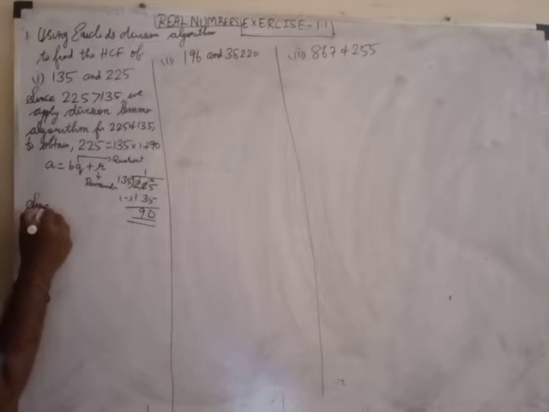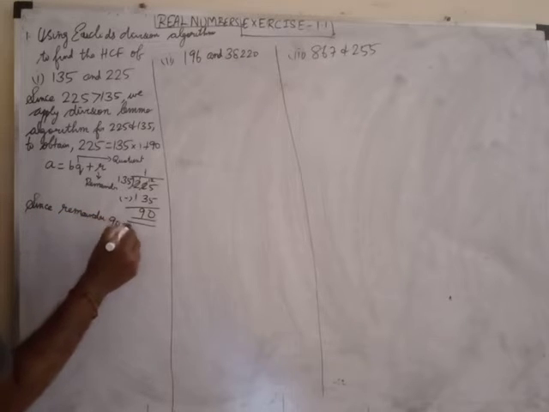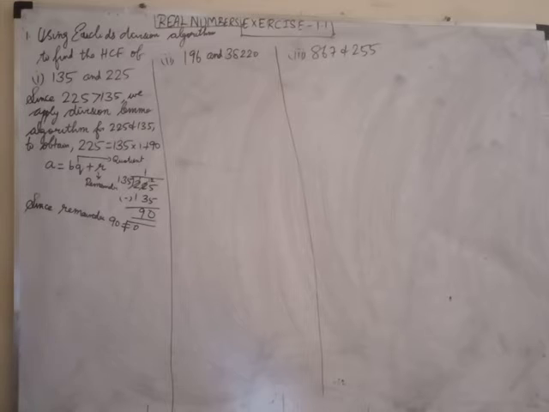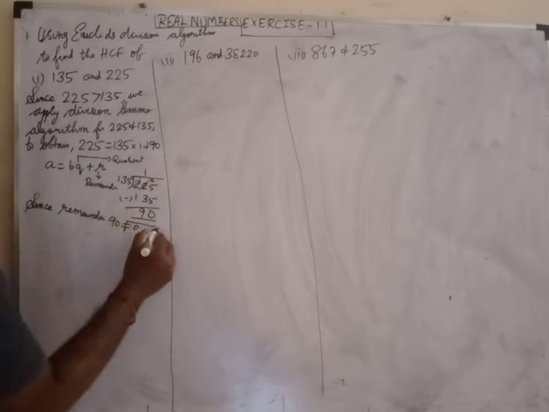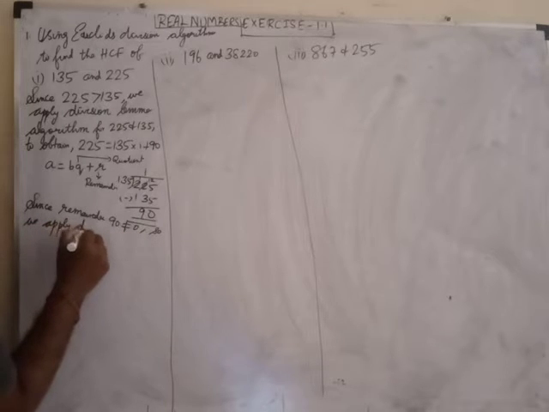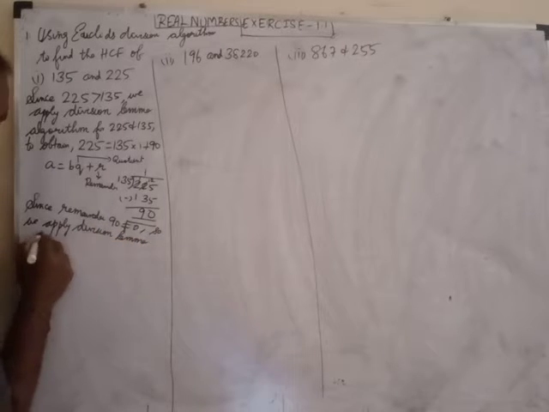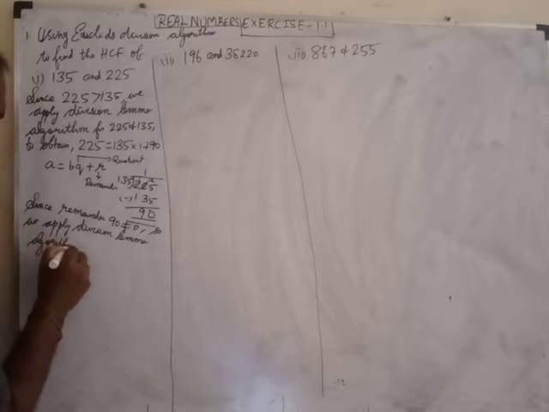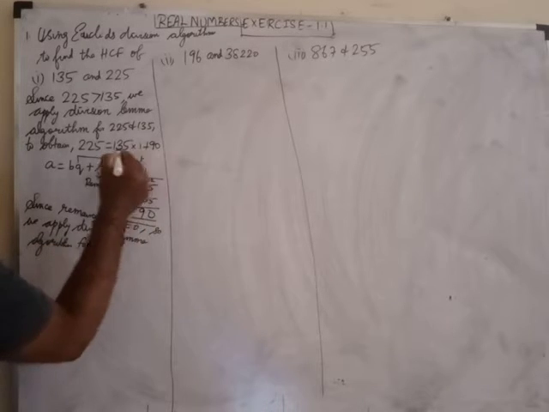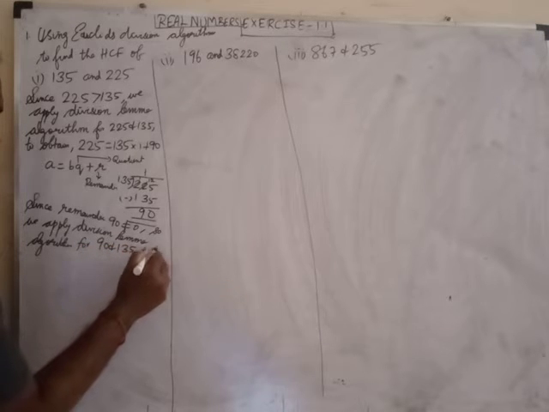Since the remainder 90 is not equal to 0, we apply the division lemma algorithm for 90 and 135 to obtain.